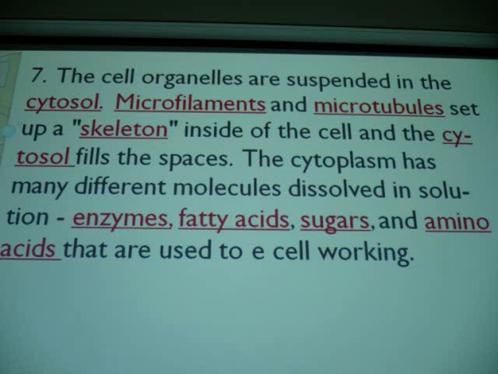Like that? Solution. Well, I don't know if I need that solution to be red, because when I say dissolve, I'm implying it. But I'll leave it like that because it matches your thing. Enzymes, cell has enzymes, fatty acids, sugars, amino acids.